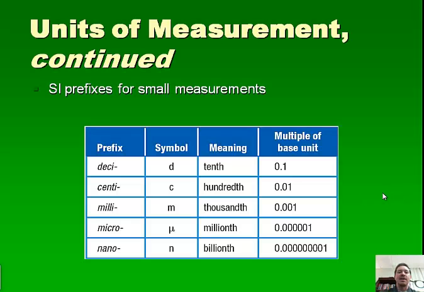We've got SI prefixes for small measurements: deci, lowercase d; centi, lowercase c; milli, lowercase m; micro, which is the Greek letter mu; and then nano, which is the lowercase n. They get smaller as we move down this list.